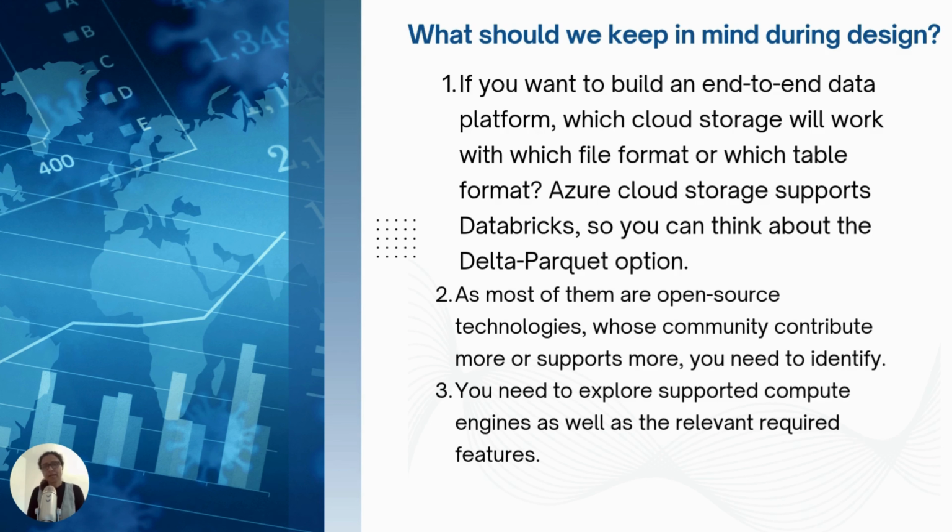Okay. Now we understood what storage components we have. But when we design, what should we keep in mind during our design process? There are many things we have to keep in mind. Some of the considerations, I've just tried to provide as examples. If you want to build an end-to-end data platform, then you need to find out which cloud storage will work with which file format or which table format.